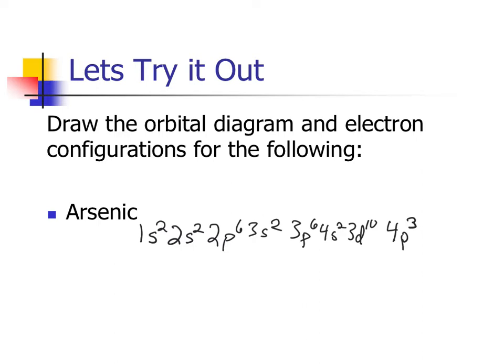and that is the orbital diagram. The orbital diagram is going to get probably pretty crowded. I'll resize this thing up a little bit. So with that, we'll draw 4 circles because it's in the 4th row.